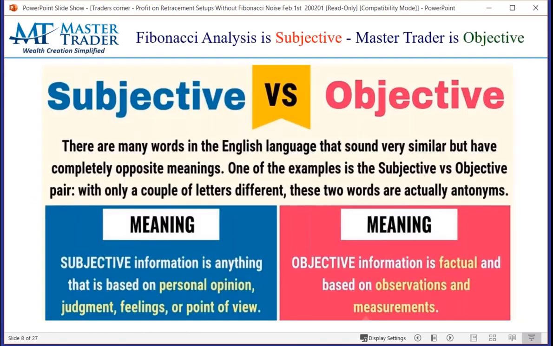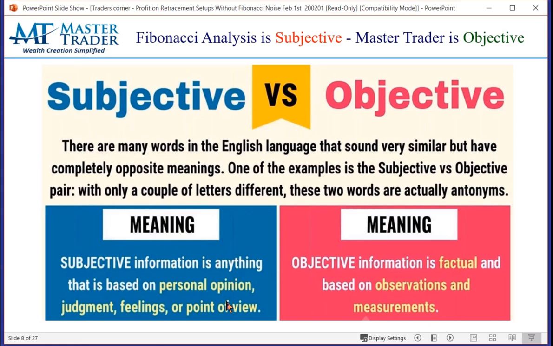And we're just going to eyeball these levels. But this is right out of the dictionary, subjective versus objective. And I'm showing you this definition because MasterTrader is objective. We always say it is what it is. Subjective means it's based on your personal opinion, your judgment, feelings, or point of view.